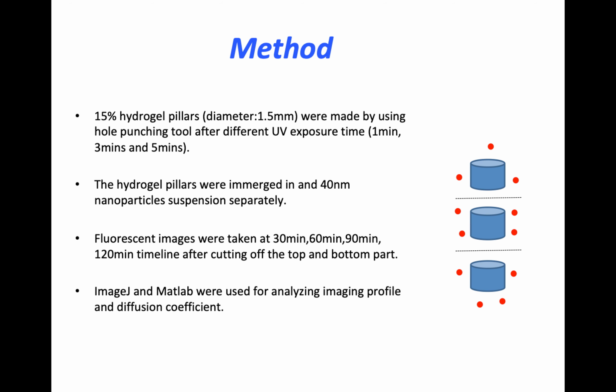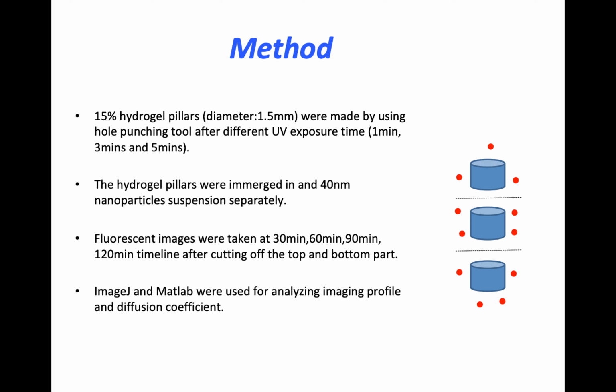So the method I'm using is quite straightforward. I used a punching hole to get a hydrogel pillar with a diameter of 1.5 millimeter. The reason why I use this method is because in the lab it's very difficult to track the nanoparticle diffusion by using optical microscopy.